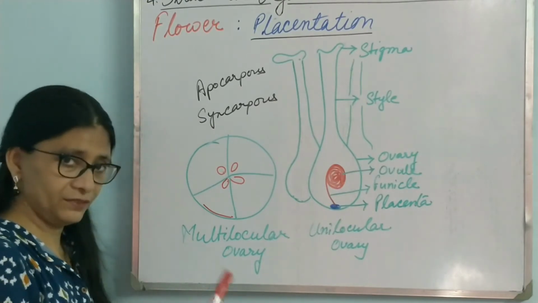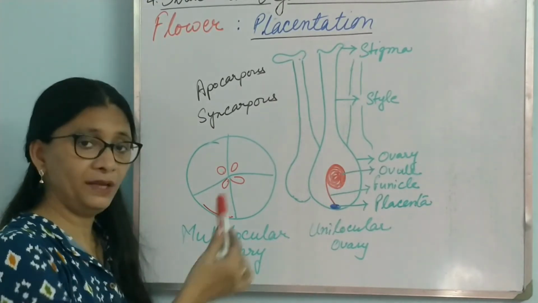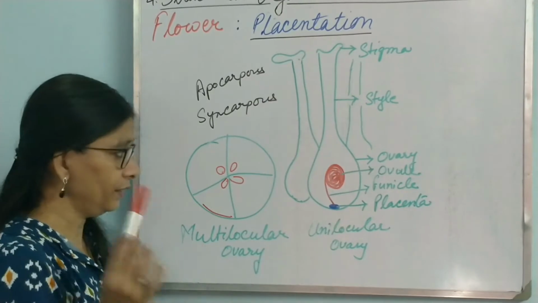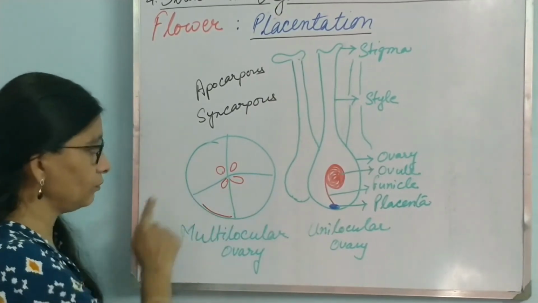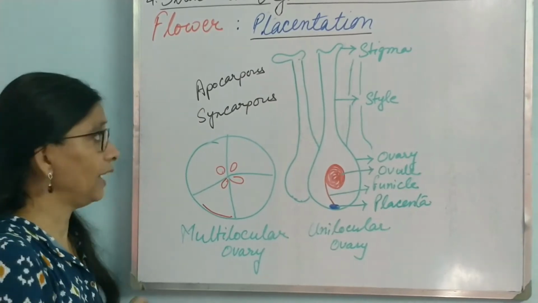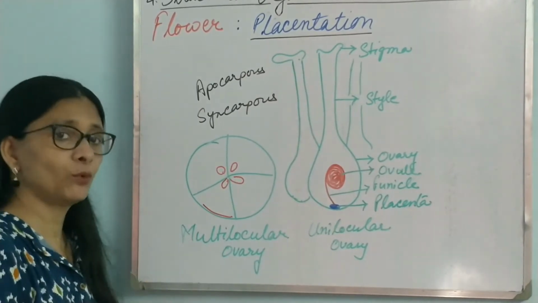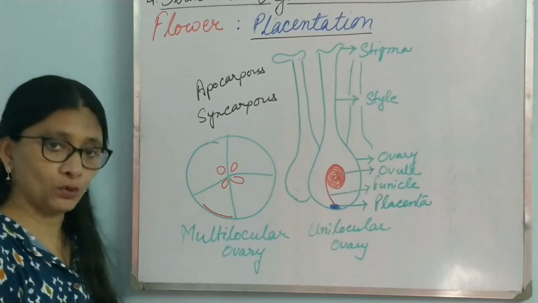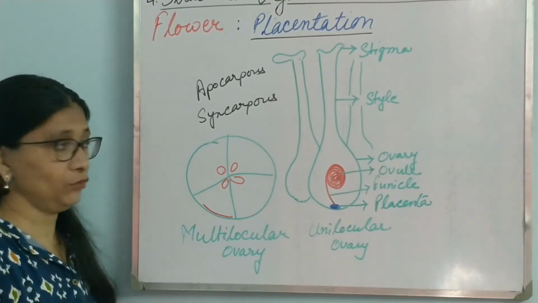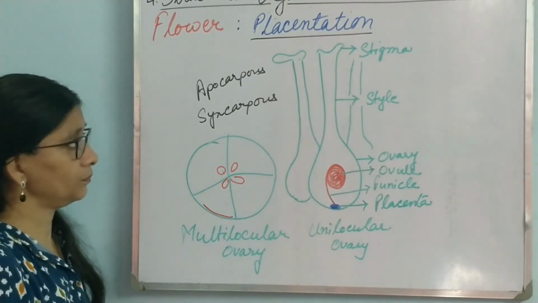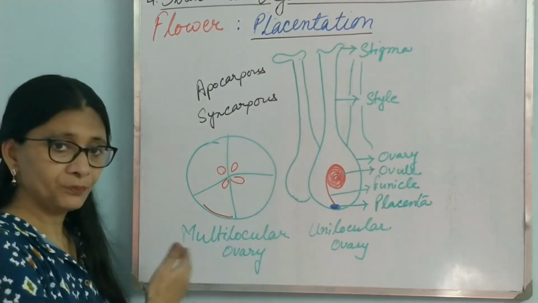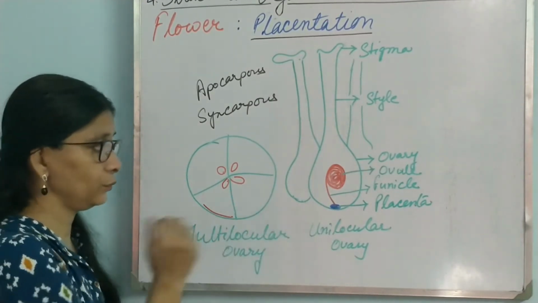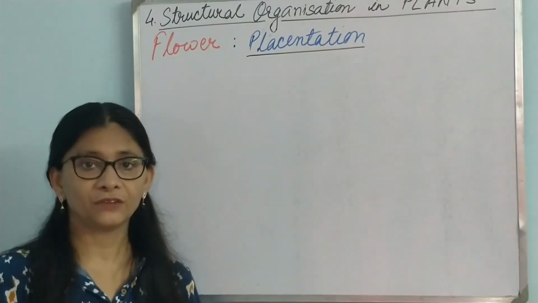Placentation depends on these things. So here you have to understand two things. First, what is placenta, and secondly, what is a multilocular ovary. So I think these two concepts are clear. Then we will proceed to placentation. What are the different kinds of placentation, and how are they dependent on these features, multilocular, unilocular, and these structures.